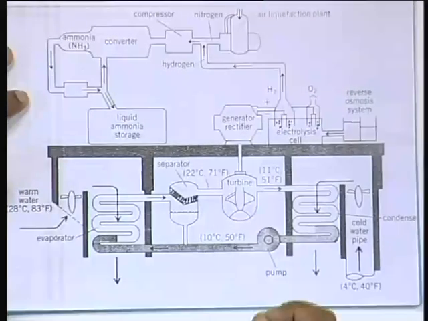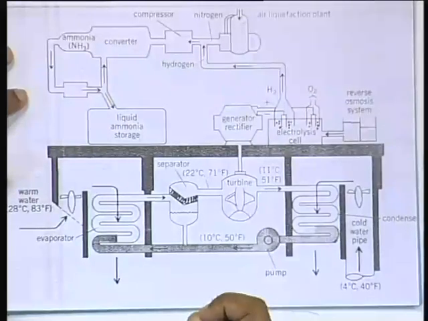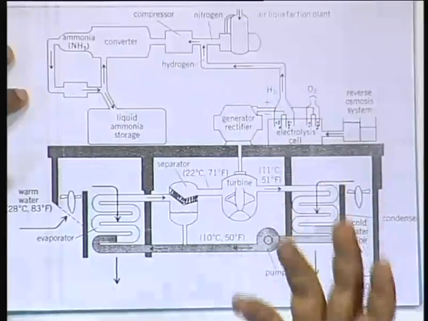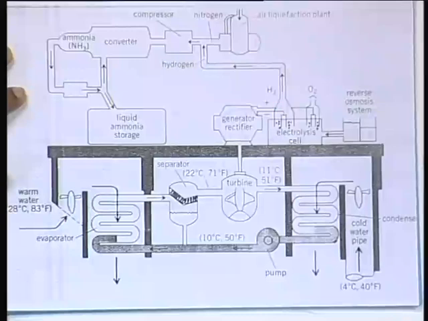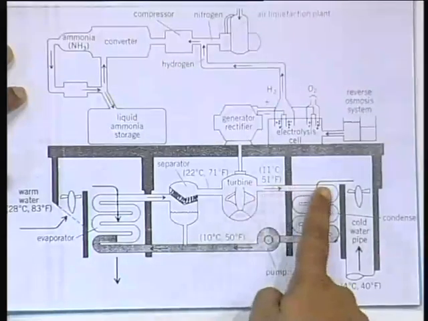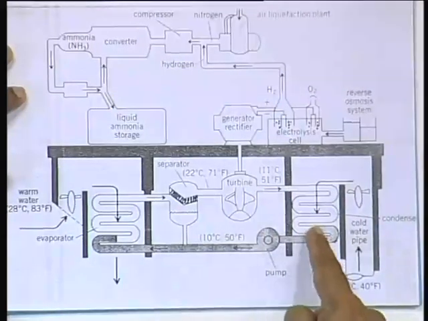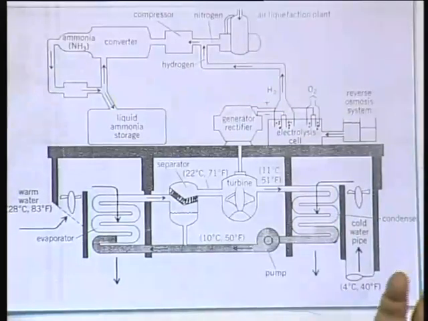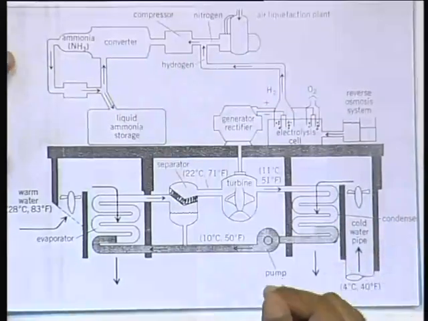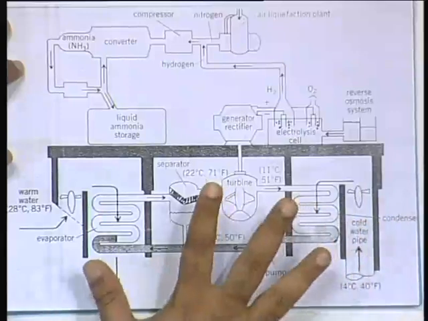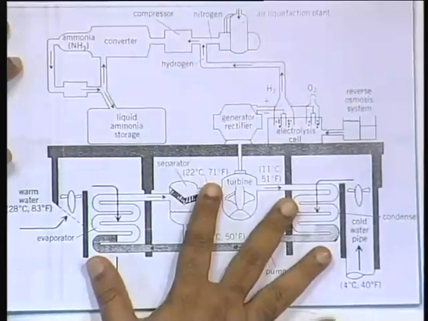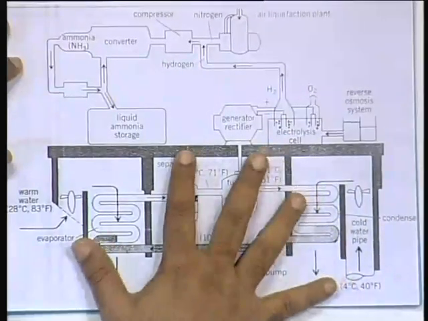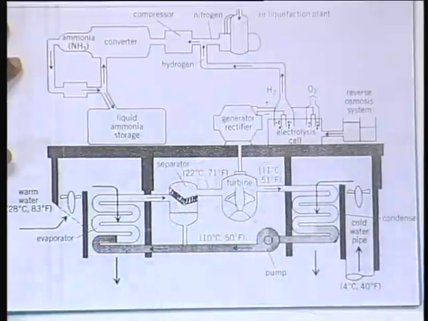You have to have the turbine, which is again special, because it has to work with ammonia as the principal fluid. It has to be specially constructed, specially coated, so that it does not corrode. You have the condenser that also has to be very efficient in terms of heat transfer, again titanium pipes. So these are all not industrial products made for this particular purpose, and that is why the expense goes up.